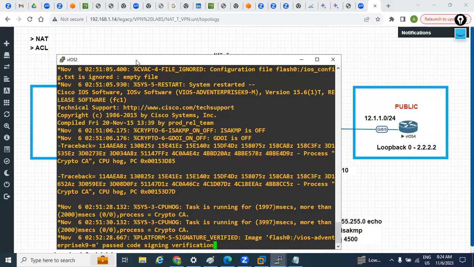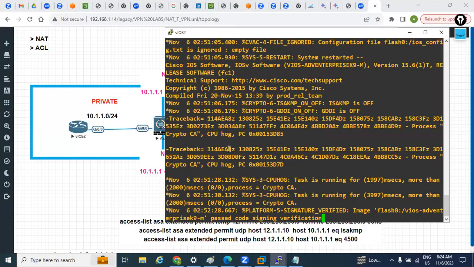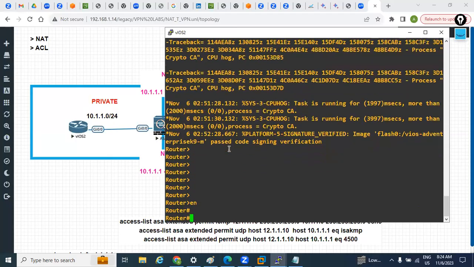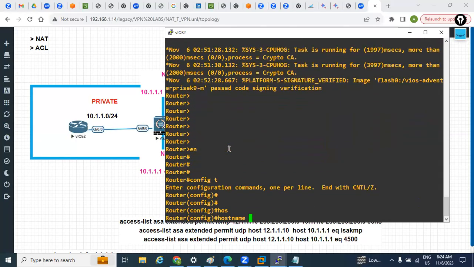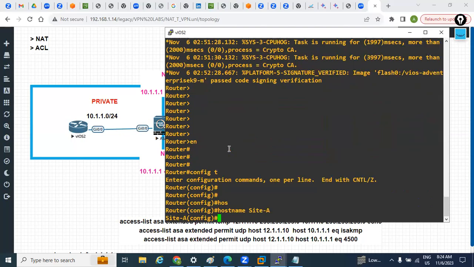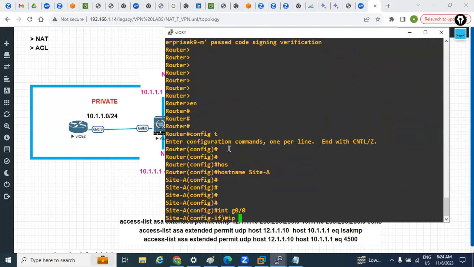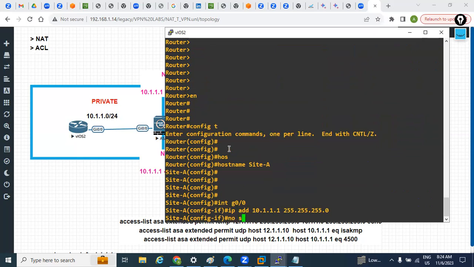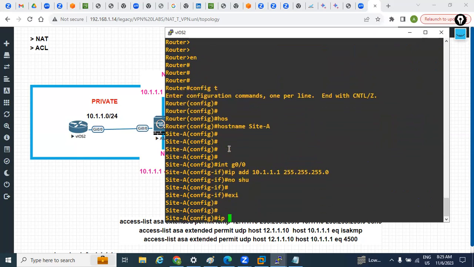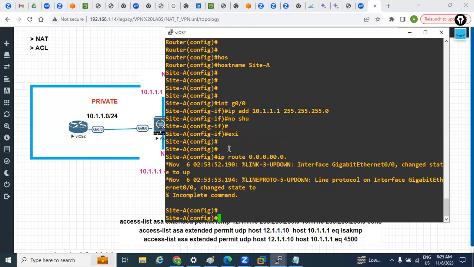Now let's get back to the inside. This is my inside router, or you can see the host name is Site A. Interface 0/0, IP address 10.1.1.1/24, no shut, IP route, and who's my gateway?